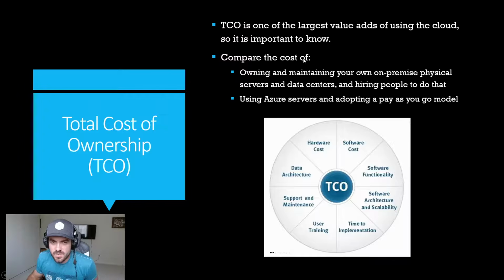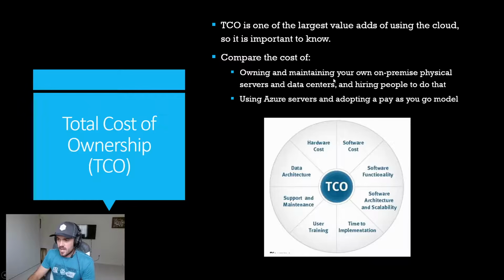Basically, it is going to allow you to compare the cost of owning and maintaining your own on prem physical servers and data centers and hire people that basically do all those things and some. Or on the other hand, if you use Azure servers and adopt a pay-as-you-go model, you could potentially save a lot of money as opposed to option A up here.